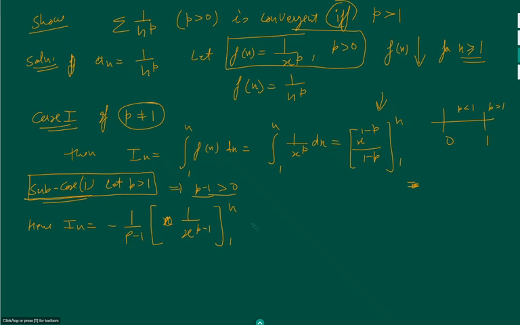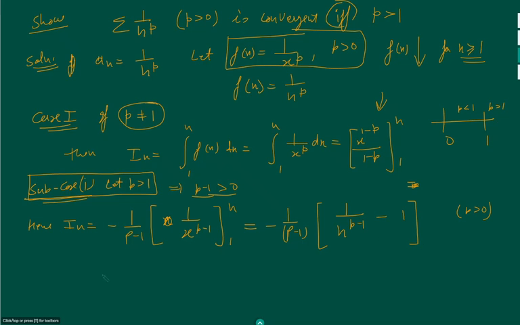So this is equal to minus 1 over p minus 1 times 1 over n raised to power p minus 1 minus 1, because p minus 1 is positive.